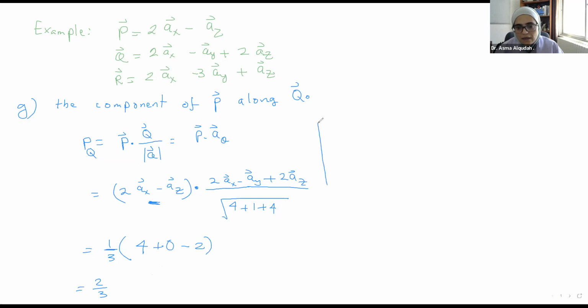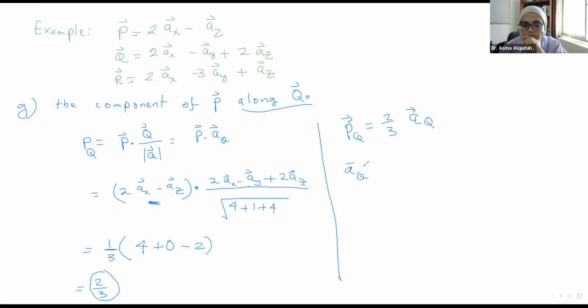Now we want to find the vector component of P along Q. We have the magnitude already, which is 2/3. We put it here, and then we give this vector a direction. The direction should be along what? Along Q. So we just add a unit vector along Q. So we have to find A sub Q first.